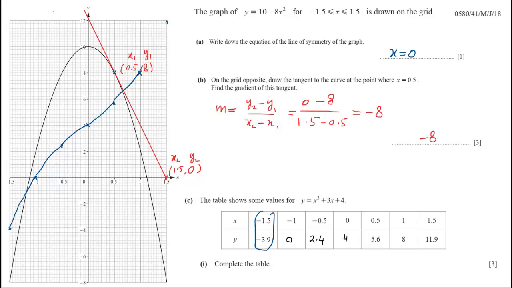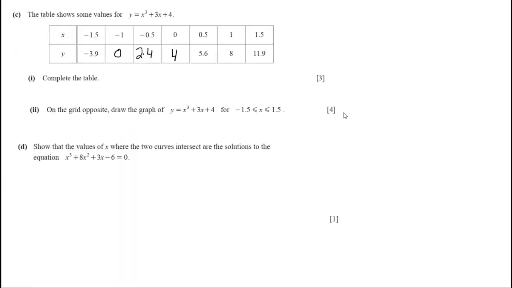It is a little bit harder to draw a curve on the computer. Okay, so this is the curve of this table. So this has 4 marks. Show that the values of x where the two curves intersect are the solution to this.